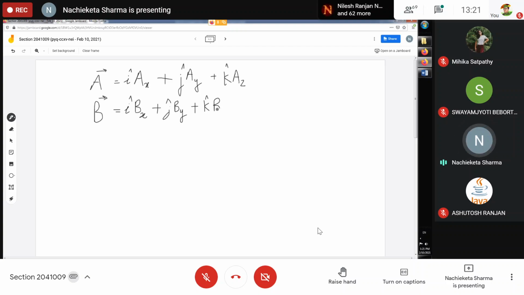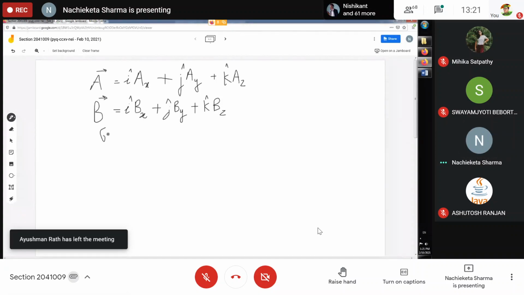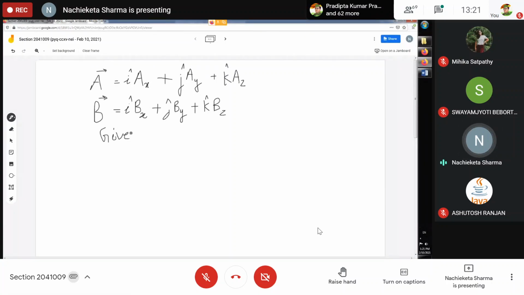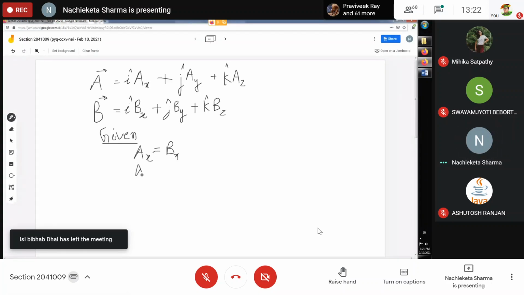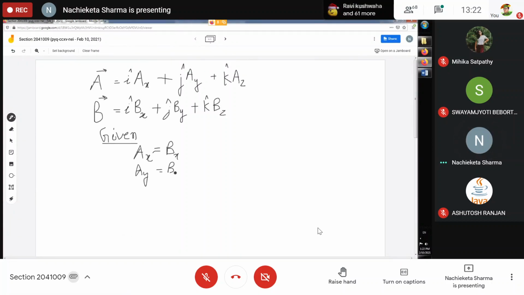Okay, and the question says that the components are same. So given, AX is equal to BX, AY is equal to BY, AZ is equal to BZ.